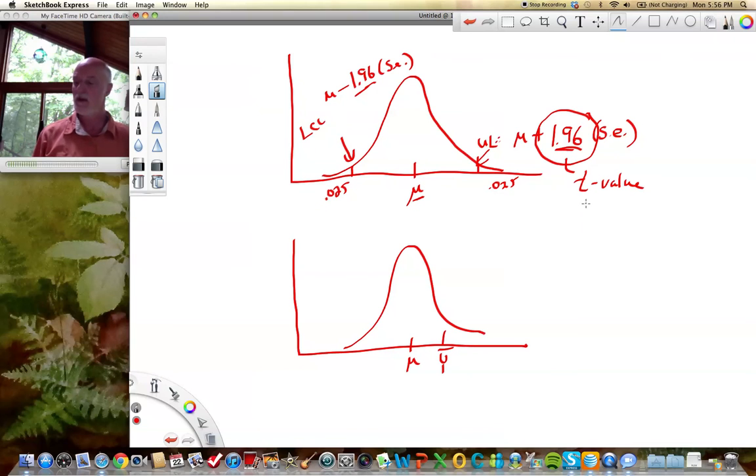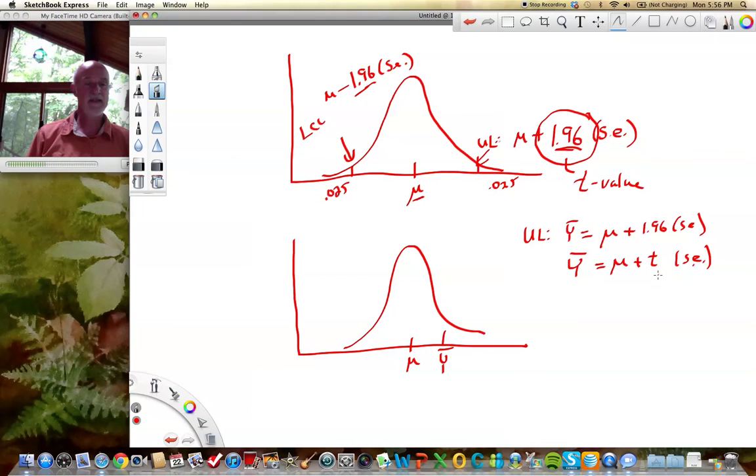How did we compute that particular t? Well, we can actually calculate that. If we were right at the upper limit, we would be saying y bar equals mu plus 1.96 times SE. In other words, at the upper limit, y bar equals mu plus t times SE.